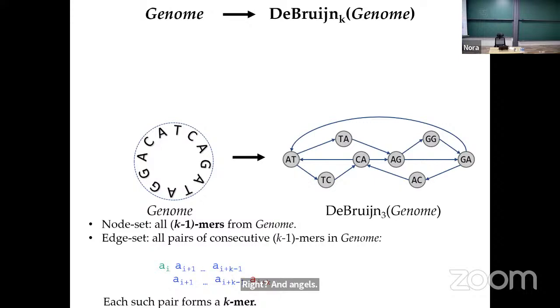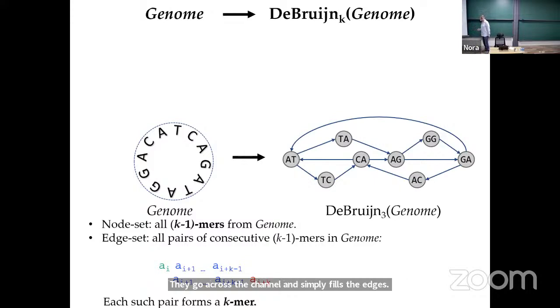For example, AT and TC are consecutive 2-mers, and that's why we make an edge from AT to TC. We go across the genome and simply fill in the edges. Is it clear? Any questions about this?